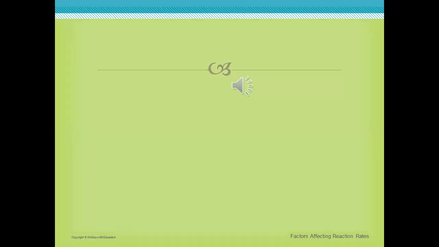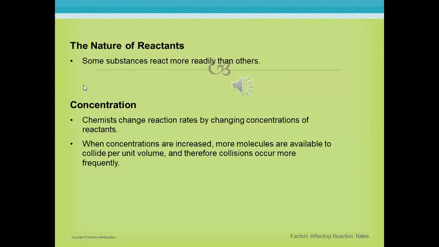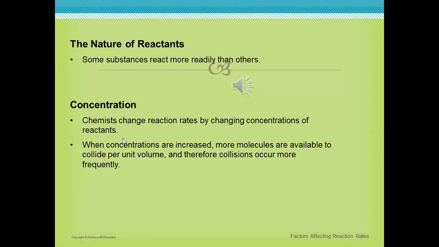So, this is the beginning: the nature of reactants. Some substances react more rapidly than others. This depends on the activity of the compound or substance, on whether the substance is an ionic or covalent compound, and also on the solvent that the solute will dissolve in.